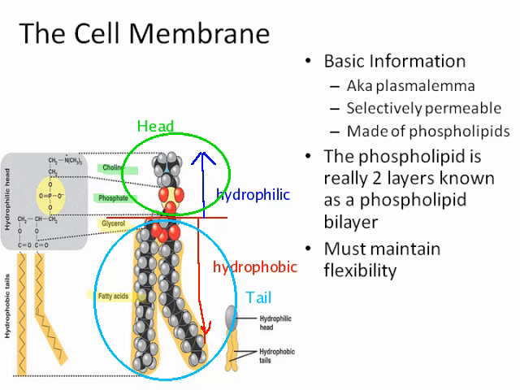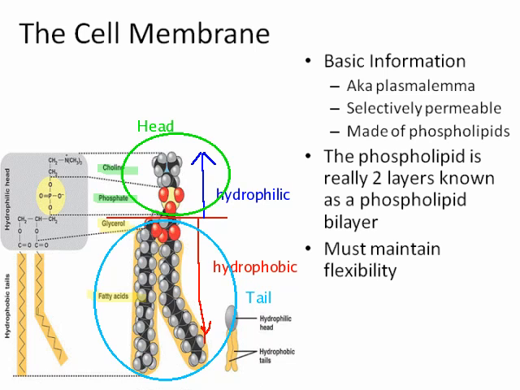Now, why is this critical and important? It comes down to a couple of things. First, we should understand through our look at diffusion and osmosis within the lab that the cell membrane is a selectively permeable structure.